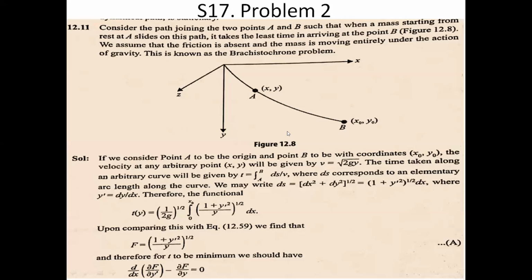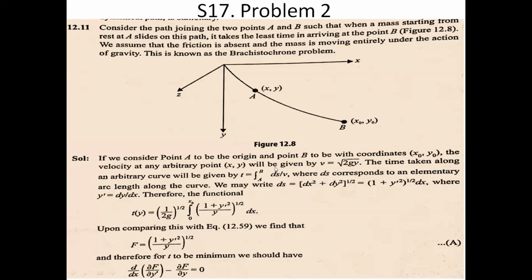To solve this problem, as I have proceeded, we consider point A to be the origin. It doesn't matter, you can shift the origin. Point B has coordinates x0, y0. And the velocity at any arbitrary point x, y under gravity will be the square root of 2gy.